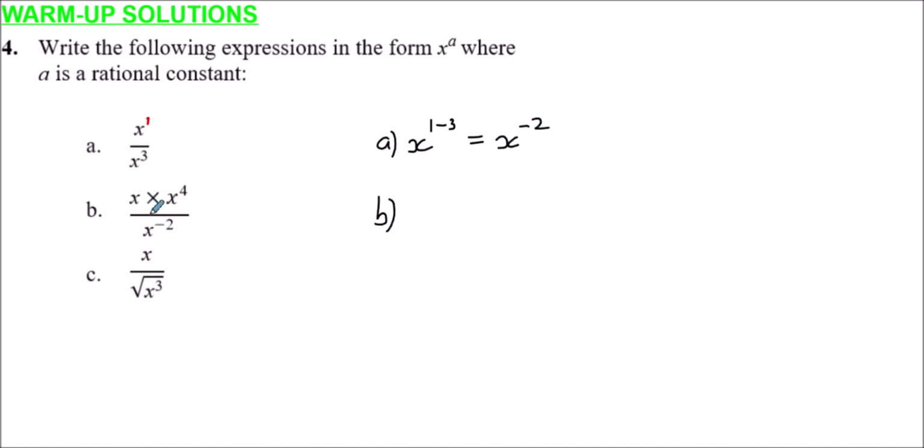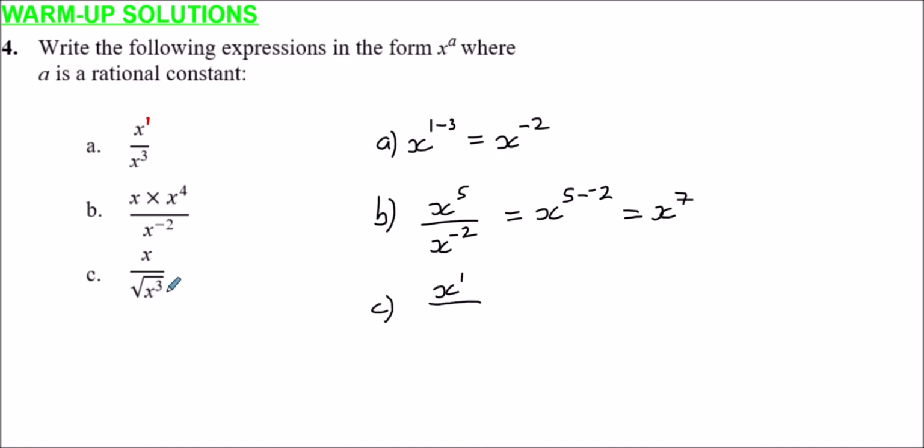Part B, the top of this will simplify to x to the power 5. The bottom is x to the power minus 2. So again, in the same way as part A, we have x to the power 5 minus minus 2, which will give us x to the power 7. And part C, we have x to the power 1 on top, and the square root of a value is the same as being to the power half.